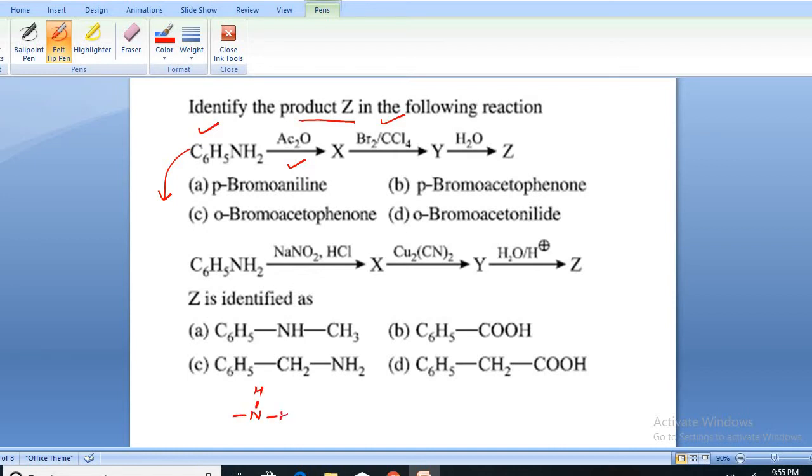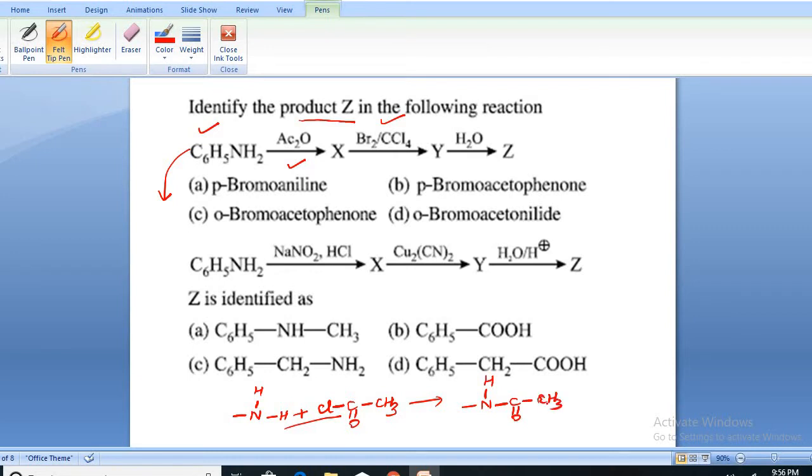Now instead of using acetic anhydride, I'm going to use acetyl chloride. The reaction is going to be the same. So I'm just going to write it this way: you'll have COCH3. Now basically what happens, HCl would go out and you'll be getting NH, then C double bond O, then CH3.